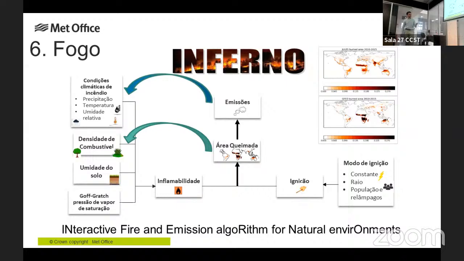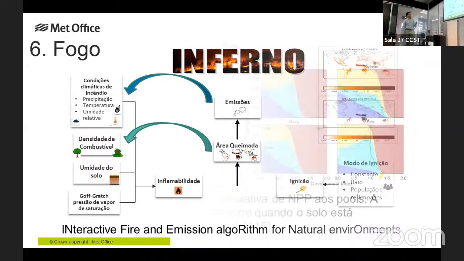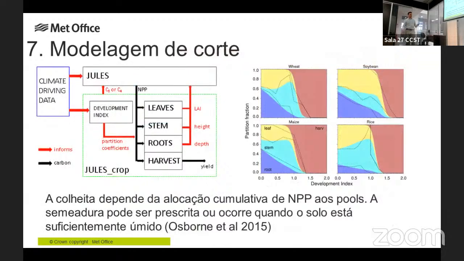But you also can't really trust your observations of fire to some extent. And there are some more nuanced processes represented in JULES and in other land surface models: you can actually do economic studies of impacts on crops and other things.